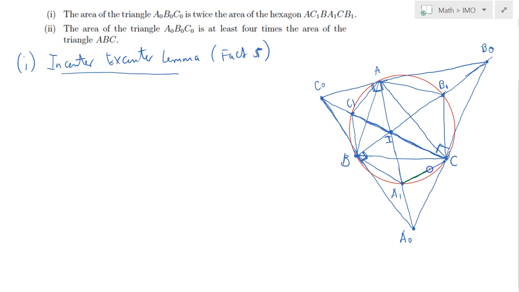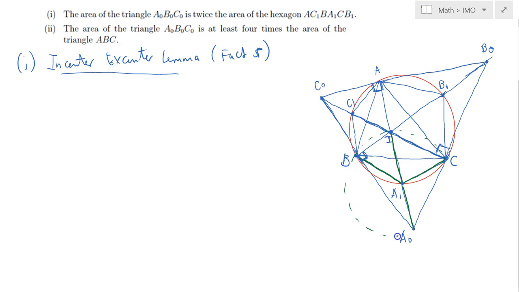Green might work. So these line segments measure the same length, and so there exists a circle going through these 4 points. So something like this, right?